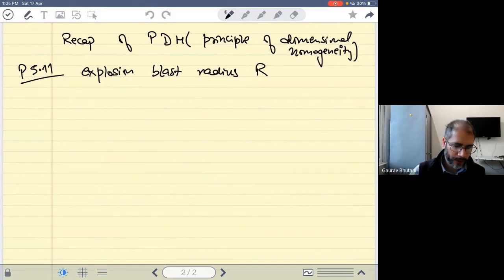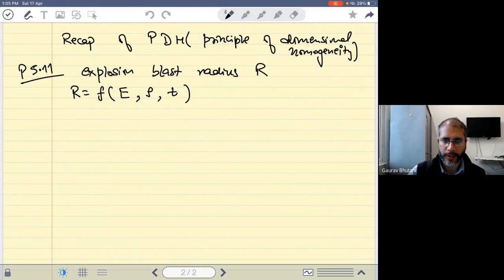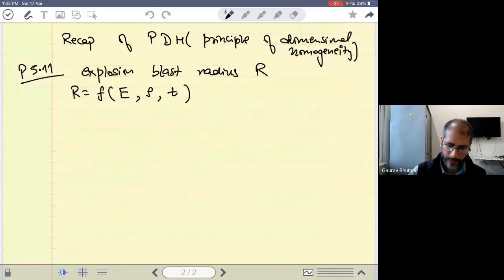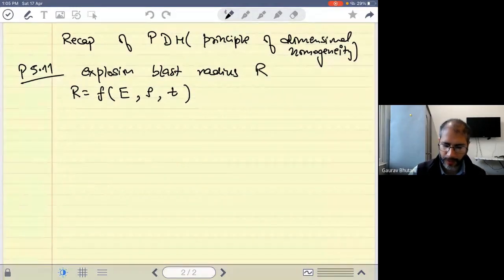He gave the relationship between the blast radius R and the energy released E from the explosion, the density rho of air, and the time t that we are considering. At very small times, the radius will be small. As time increases, the radius will increase.